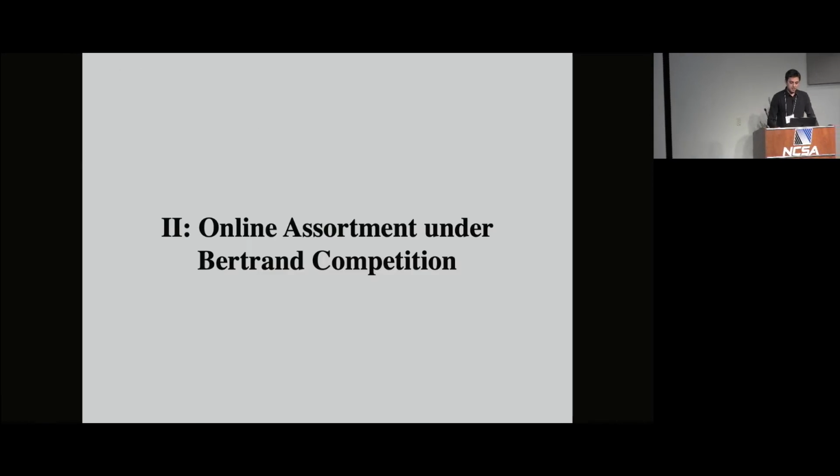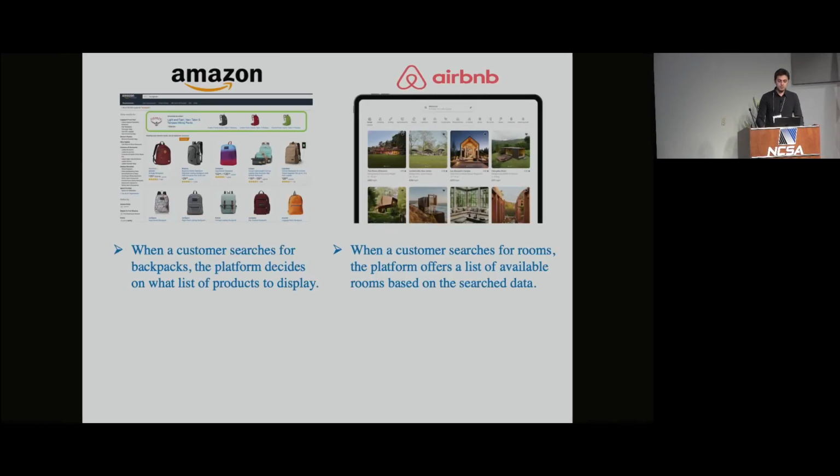Okay, great. So the second problem that I'm going to talk about is, again, an online optimization problem, more related to the online assortment problem. I'm pretty sure most of you are familiar with that.